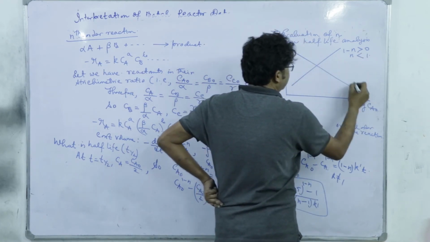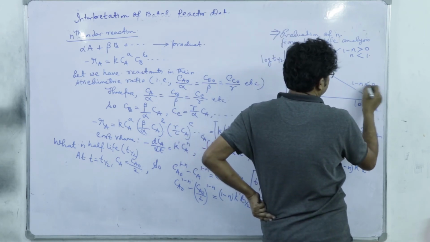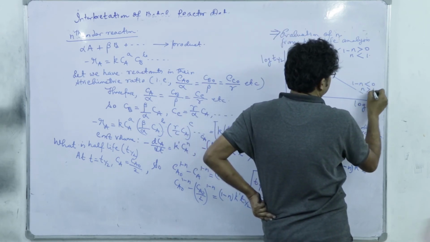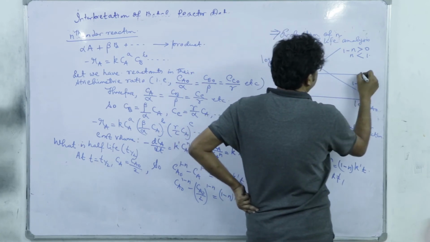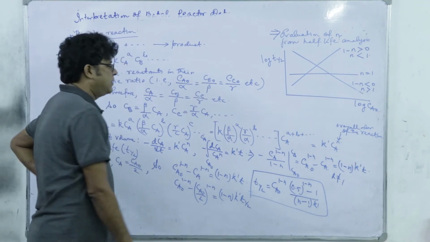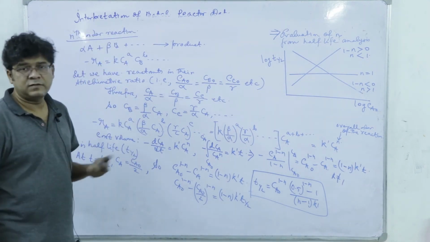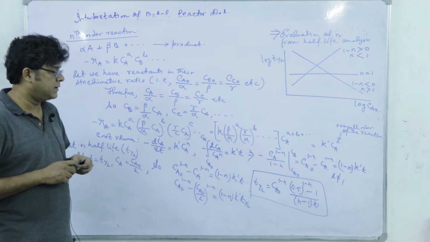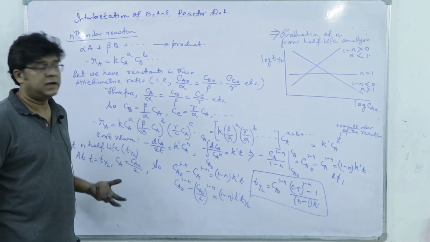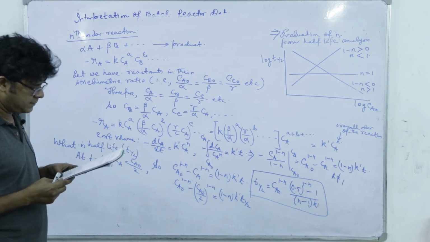If the slope 1 minus n is less than 0, n is greater than 1, and if the slope is zero, n is equal to 1. Right. So, this is the half-life approach by which we can solve for the order of the reaction directly, without assuming any model from the integral method of analysis.